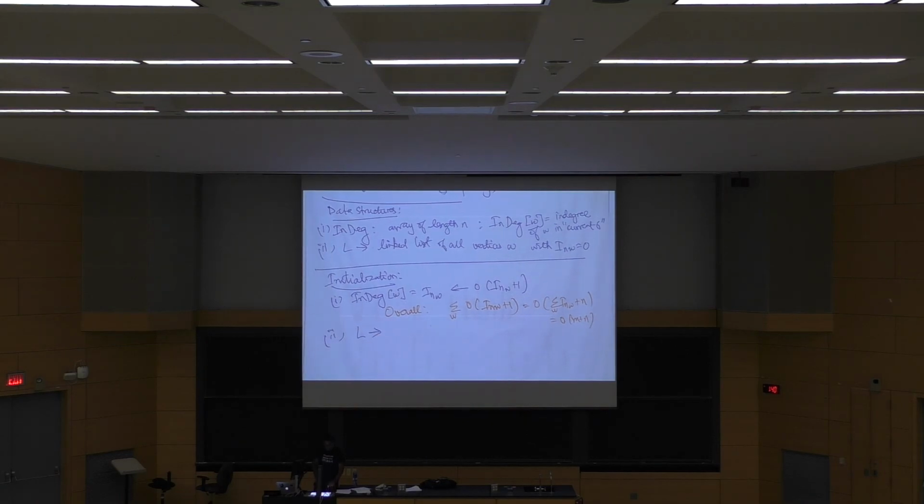To initialize L, once you have this in degree, how much time would it take for you to initialize this linked list L, which remember is all vertices with in degree 0? Assuming you have completely computed this in degree array. Alex?